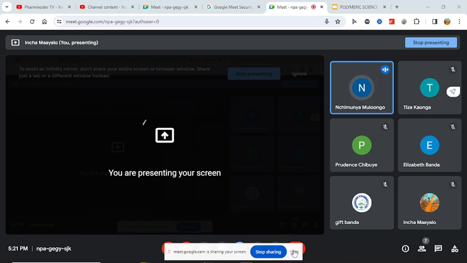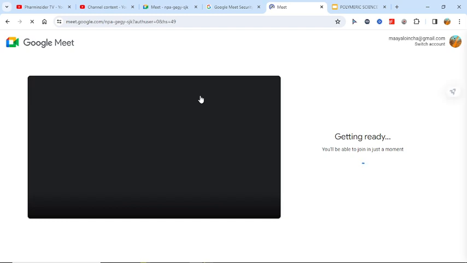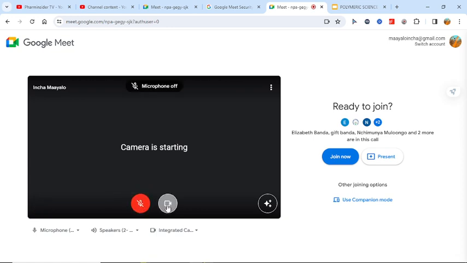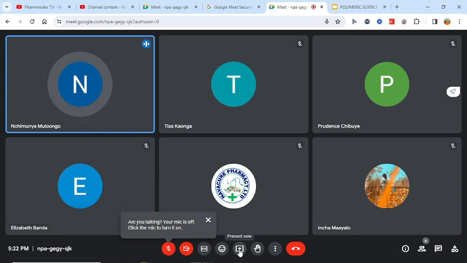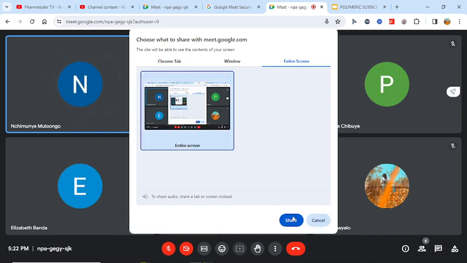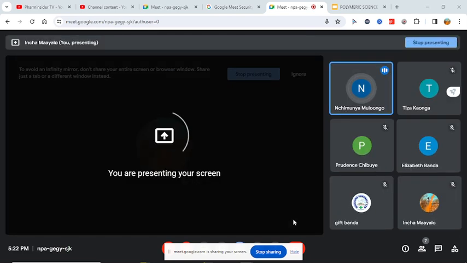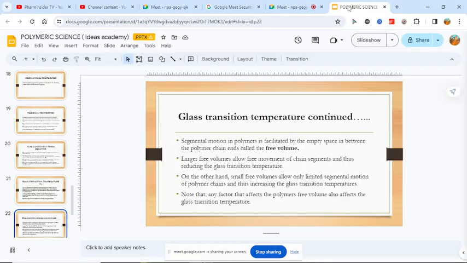If the free volume is small, there is reduced segmental motion. And if the free volume is big, then segmental motion is going to be very easy, and therefore the glass transition temperature is going to be reduced.